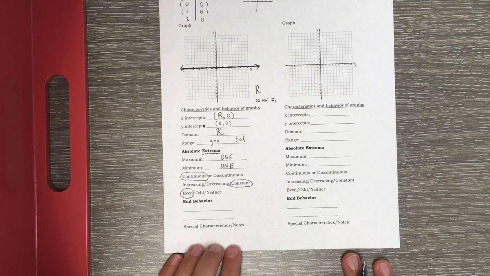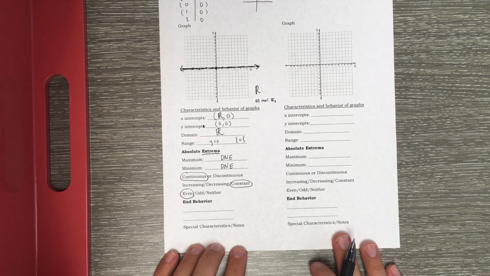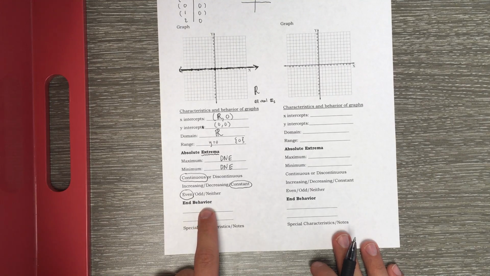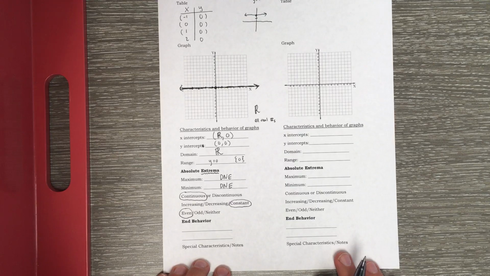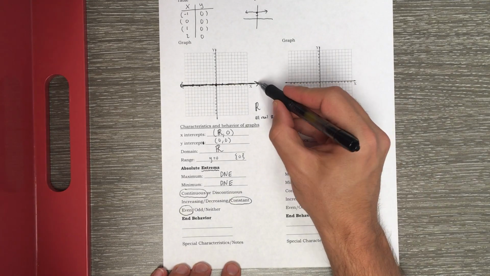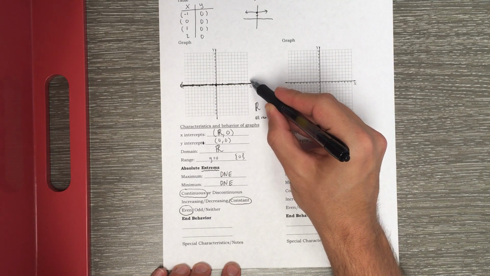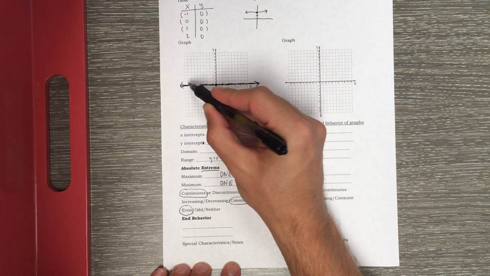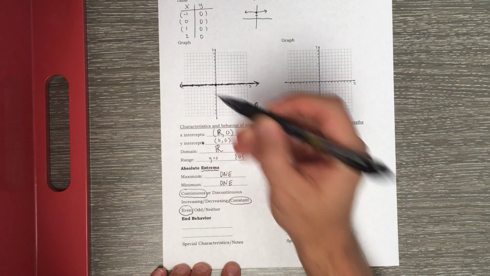Cool. And then lastly is end behavior. Again, this is something that's not super important for today. It will be important in the coming days, but end behavior is just a way to denote how the graph behaves at the very far right and the very far left.